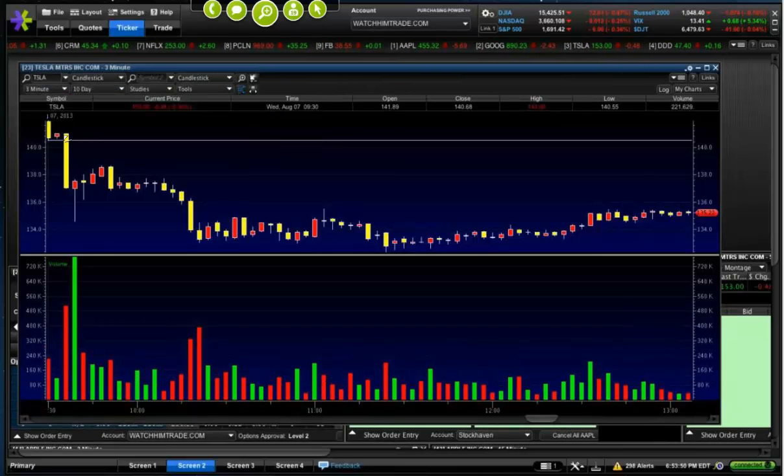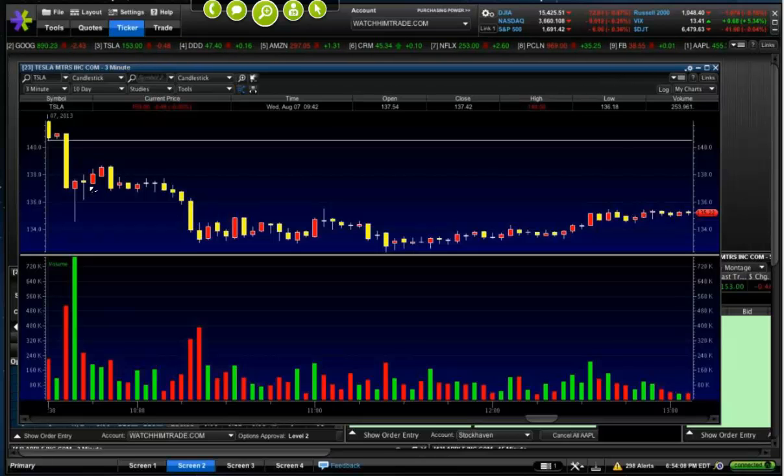Initial 3-minute low, 140.55. Initial 6-minute low, 140.63. Then at 9:36, you go crashing through both of those two lows. So there's your short signal. All right, there's your short signal right there.